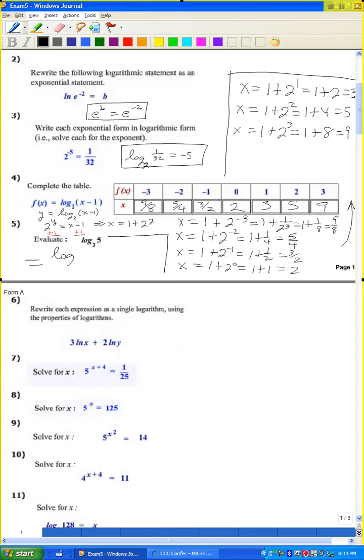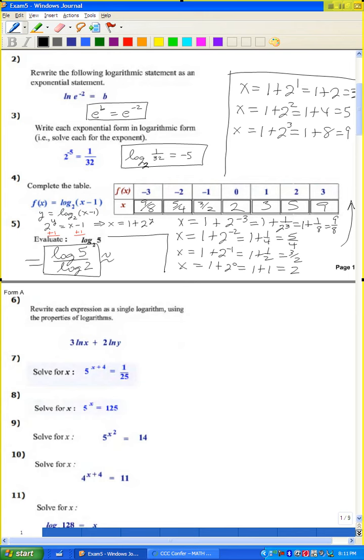So this is the log of 5 over the log of 2, which is approximately, so log of 5 divided by log of 2, you can just plug this into your calculator.